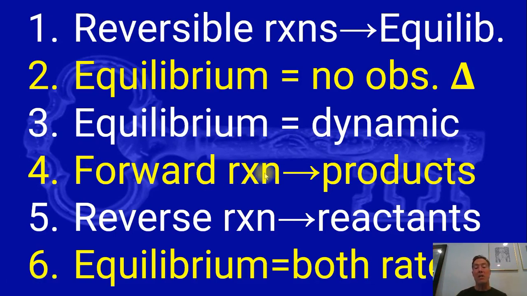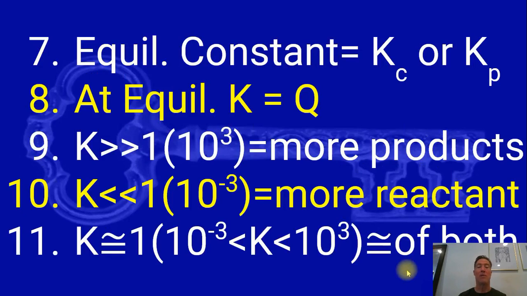The forward reaction, if that's favored, will produce products. This is often the case when we only have reactants, no products. The forward reaction will be favored and it will produce products. If we only start with products, then the reverse reaction will be favored and it will flow towards reactants. At equilibrium, both the forward rate and the reverse rate are equal to each other.